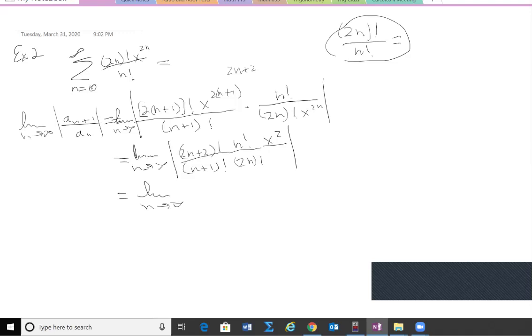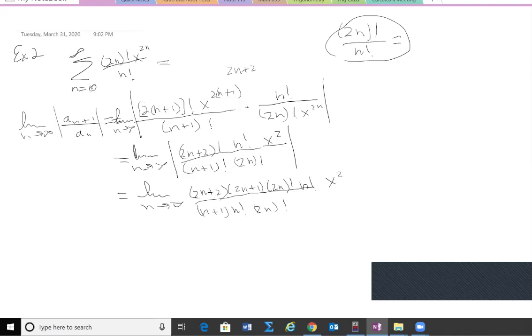This one now, I'm going to try to do some expansions here. This will be 2n plus 2 times 2n plus 1, that's 1 less, and then a 2n factorial. Down here we have this n plus 1 times an n factorial, and then we've got a 2n factorial like that. And I still have my x squared over here.